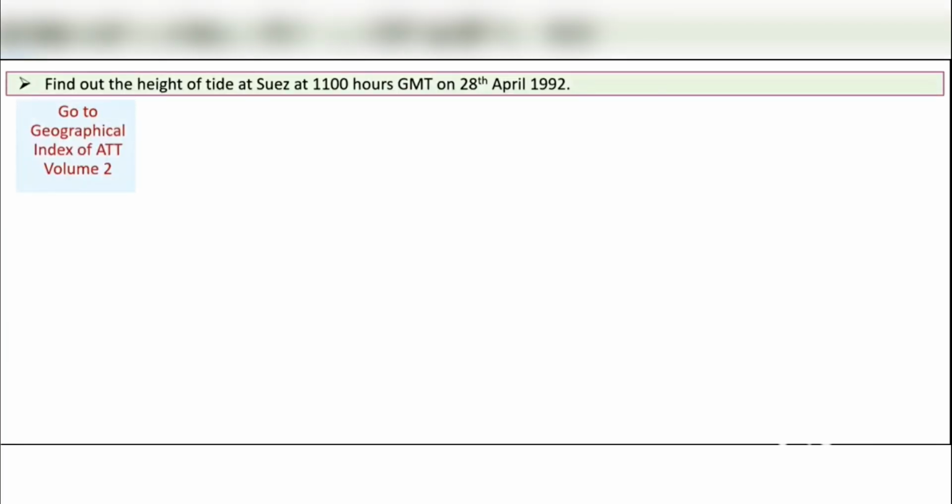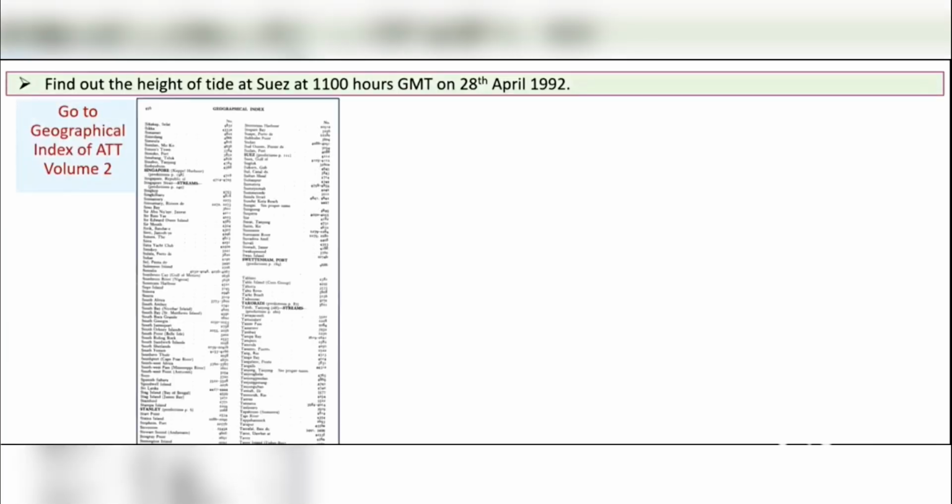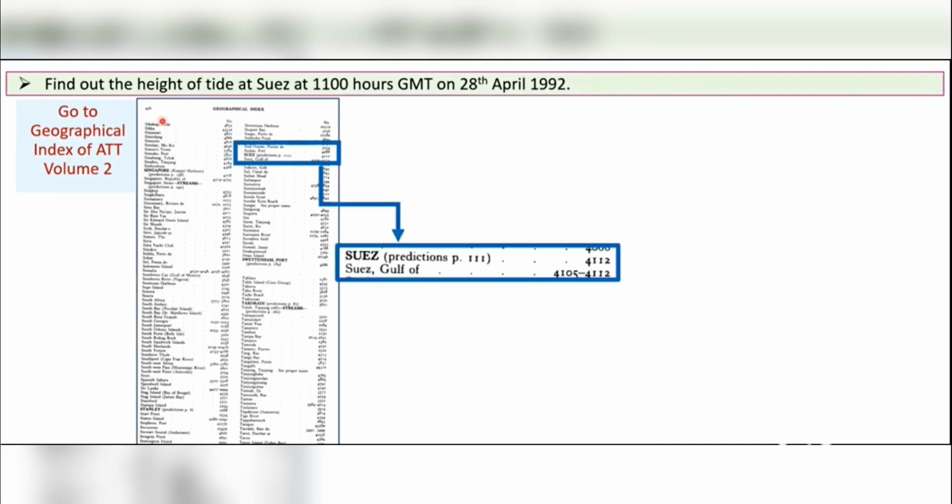Now, Suez being in ATT Volume 2, we go to the geographical index of Volume 2, which is alphabetically arranged. So we reach Suez, and when we reach Suez in the geographical index, we find Suez is in bold and capital letters, implying Suez is a standard port of ATT Volume 2, whose predictions are on page 111.